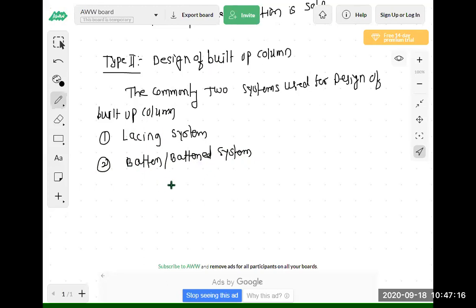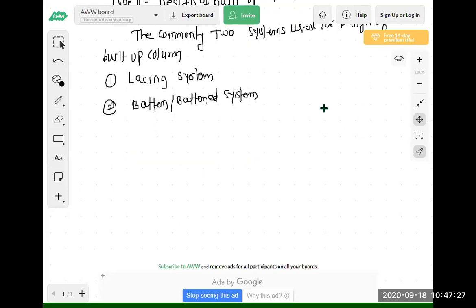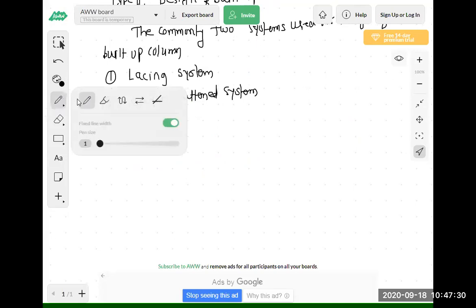So out of these two systems, one system we can use for the design of built-up column. So okay, we will see one by one what is lacing system and what is batten system. So number one is the lacing system.